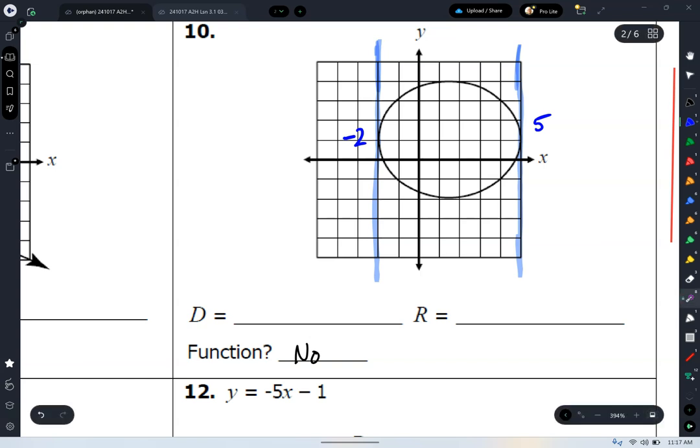Now, we're not talking about height here. We're just talking about on this line here, could I pick a point and have it be on that graph? Like, for example, if I pick the domain number 0, is there a partner on the graph for domain 0? Yeah, it's right here, right? That would be whatever the domain is, 0, right?